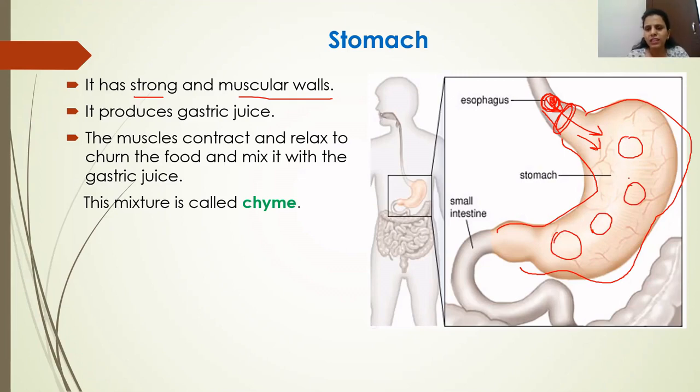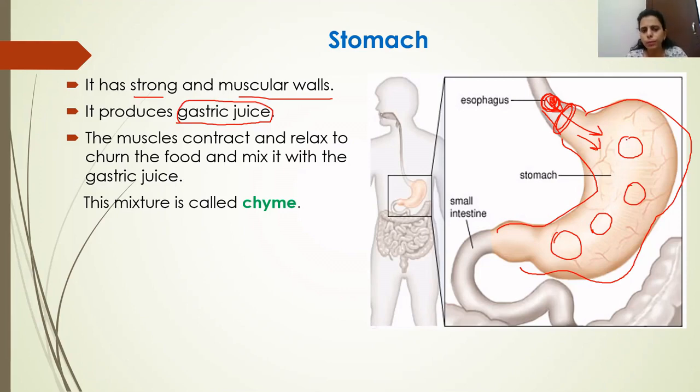these large pieces of food are present in the stomach. The muscular wall of the stomach produces gastric juice.